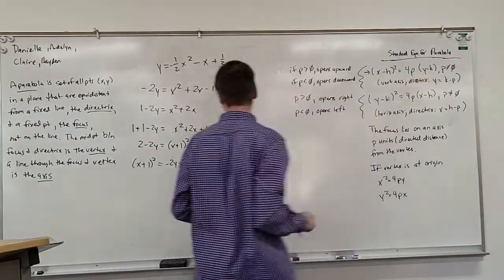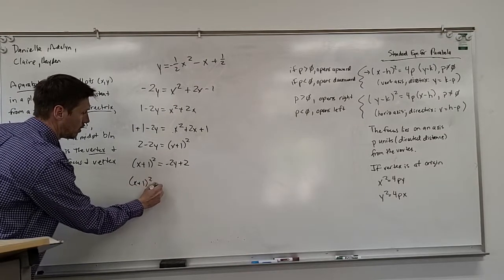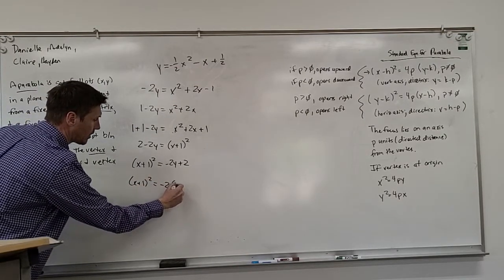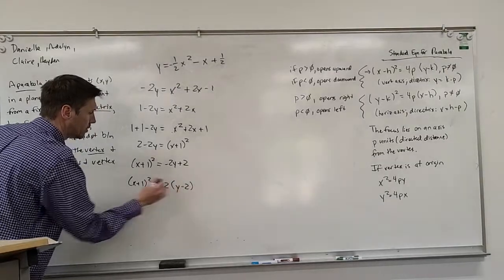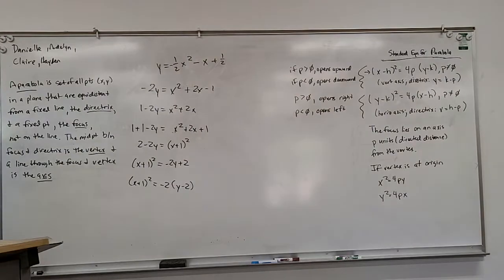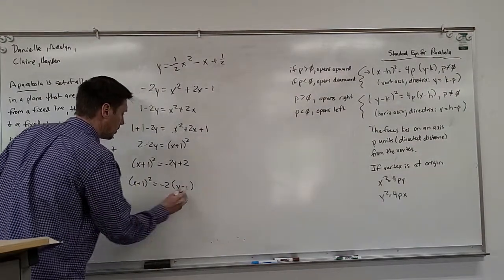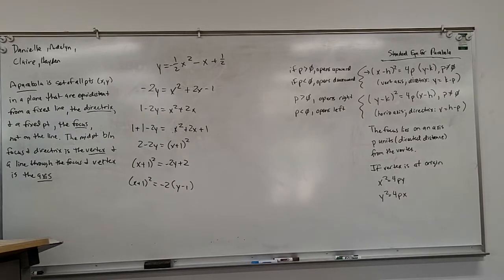We've got y minus k. So we factor out our negative 2, so we've got y minus 1, sorry. Right, so that matches our equation.